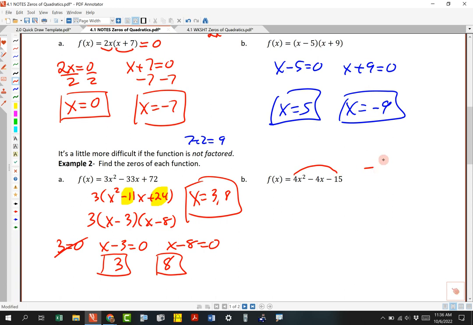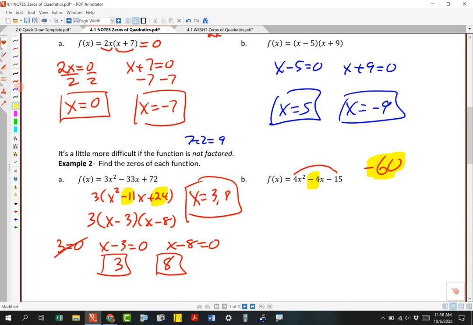And then I'm looking for some numbers that multiply to be negative 60 that combine to be negative 4. Some people like writing down those two numbers off to the side, writing a times and a plus next to them. I just like highlighting them either mentally or physically. I need two numbers that multiply to be negative 60, so one of them's got to be negative. Combined to be negative, that means the big one's got to be negative.